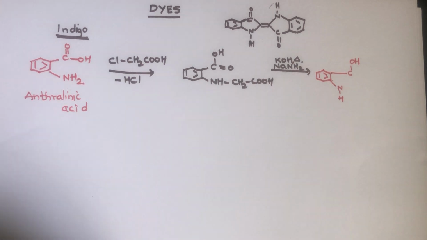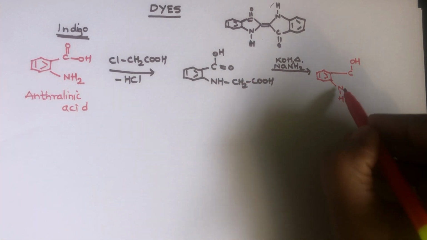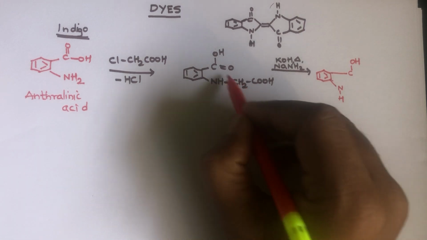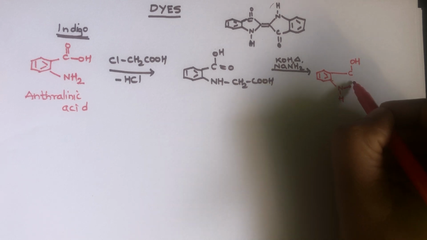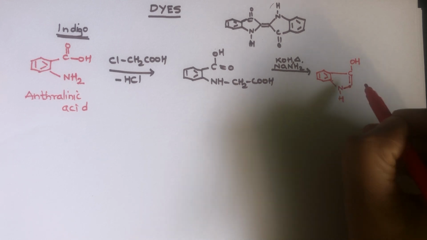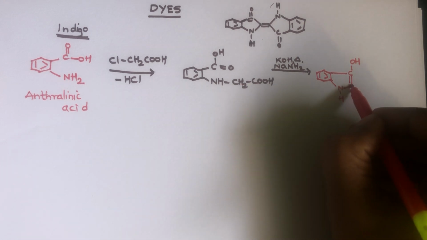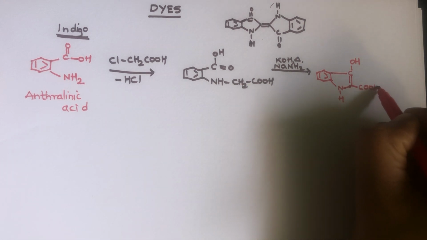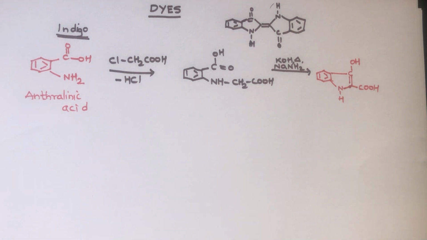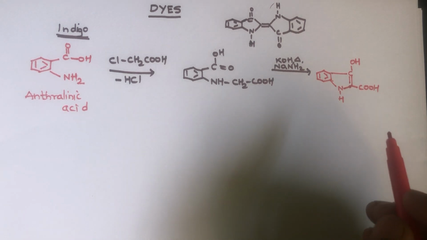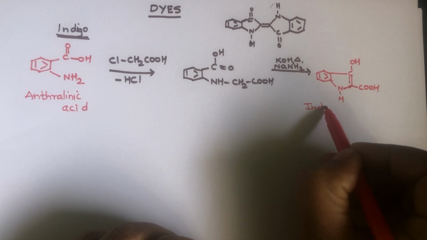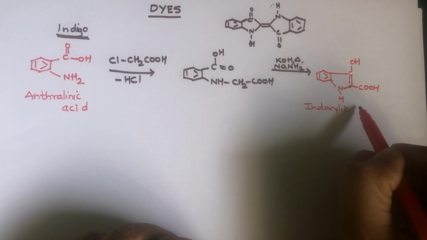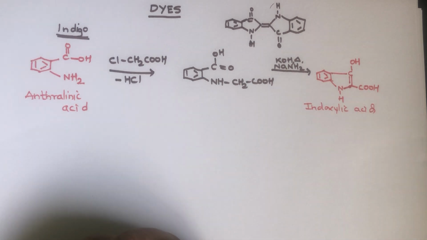Then this CH and this carbon form a bond. So this carbon has formed a double bond, and to this carbon a COOH group is linked. This is called indoxylic acid.